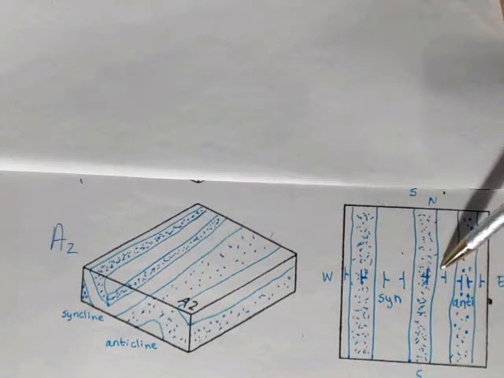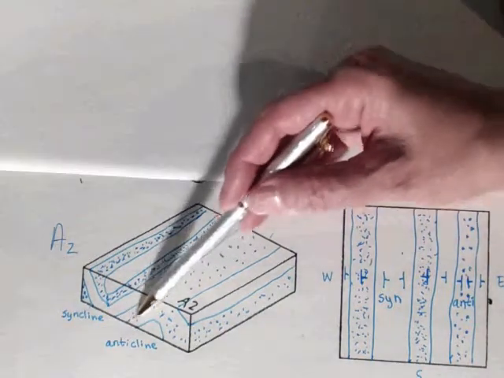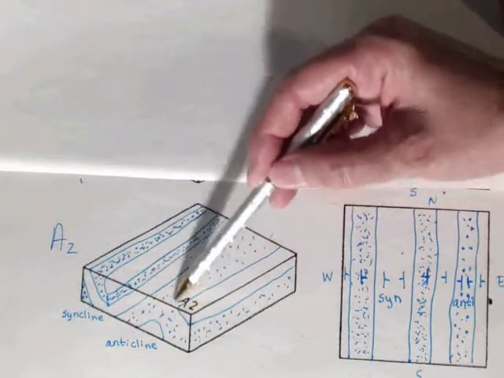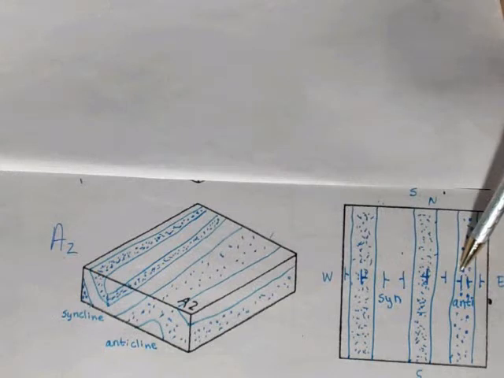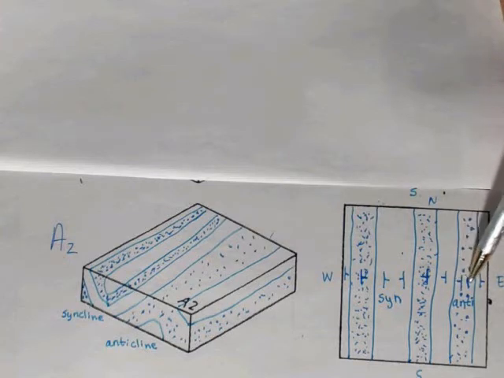Then as we get over to this next dotted bed, here we are at the apex of the anticline, of that arch. And this bed goes with this one right here. So we're at the very apex, and that little combo there, two strikes with the dips going outward, signifies that you're at the apex of the anticline.